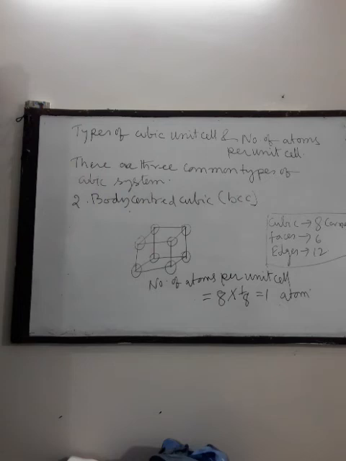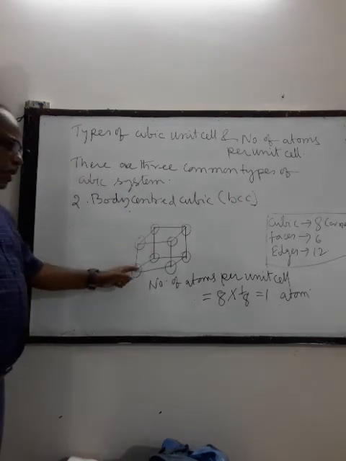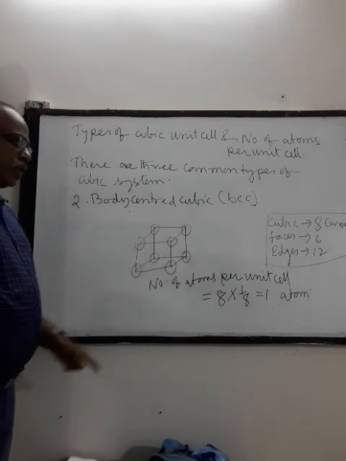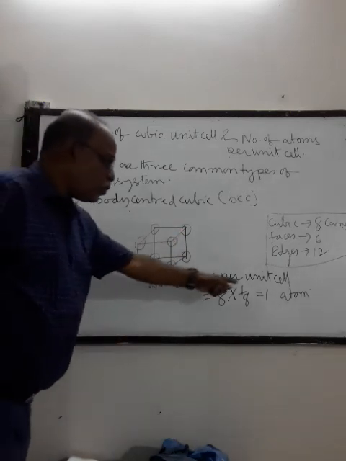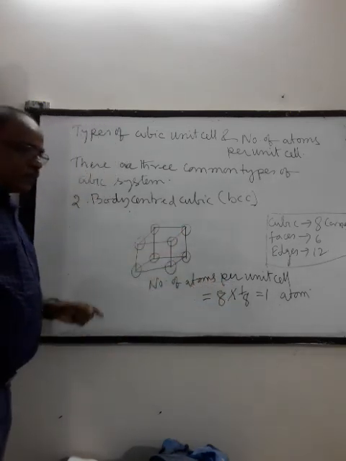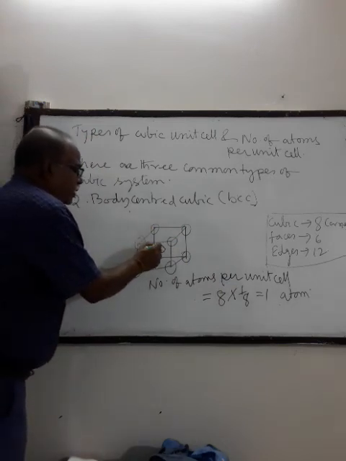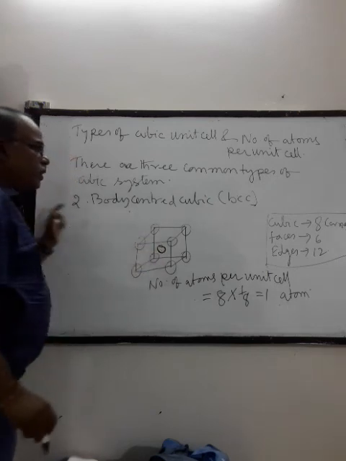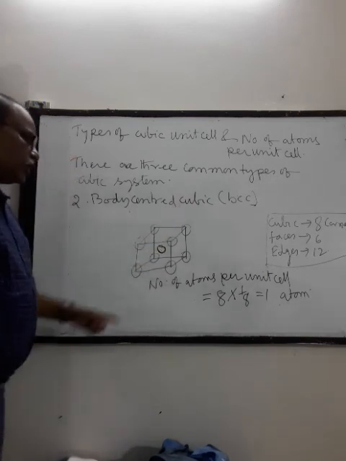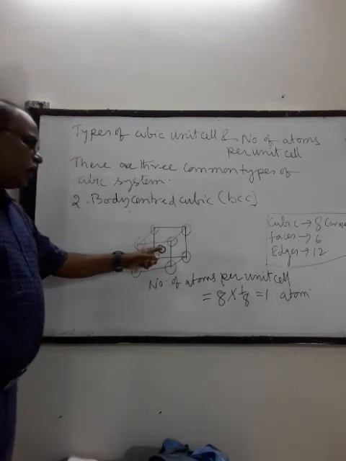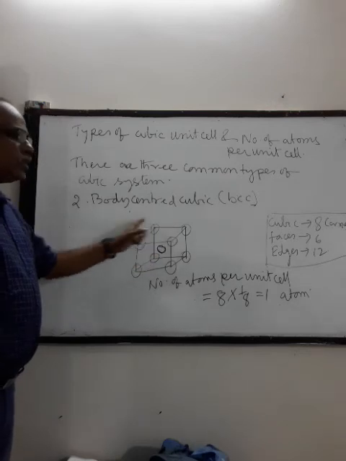So in case of body centered cubic, like simple cubic, there are 8 corners and each corner contributes 1/8 to the unit cell, and there is one point or one atom at the center of the unit cell in case of BCC, and this atom is only for this unit cell.